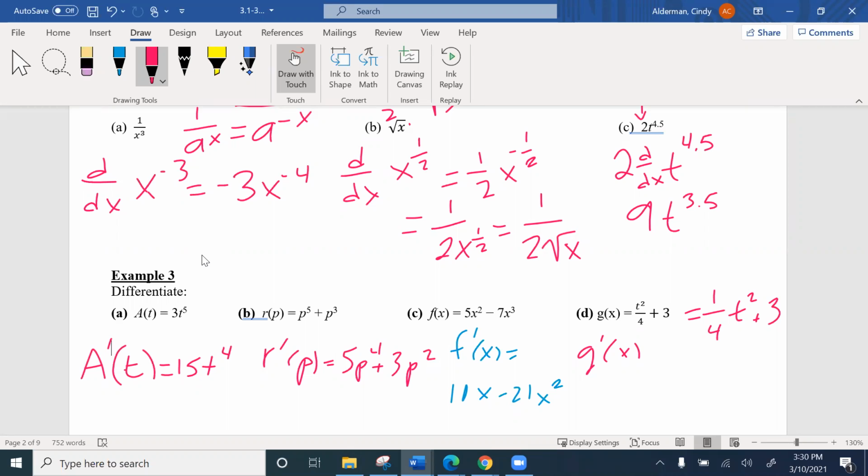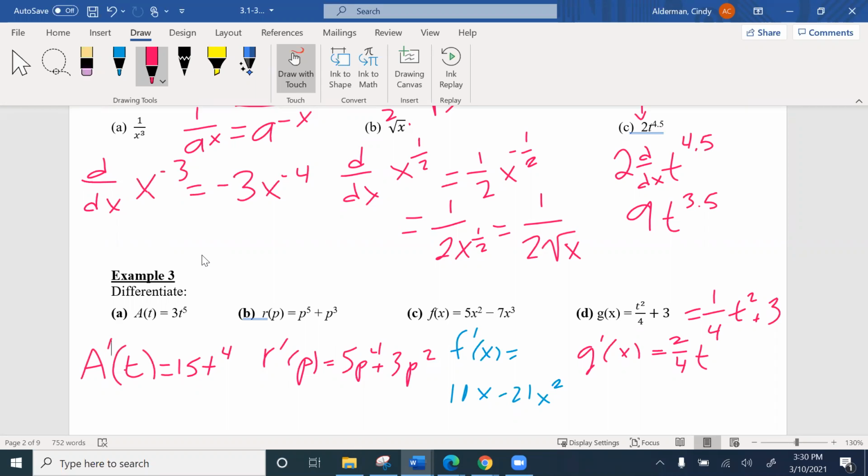So if we differentiate t squared, well, we know that 1/4 is just going to come out in the front, right? So 2 times 1/4 would be 2/4 t to the first. But when we differentiate a constant, what do we get? Remember, think about a constant. It's a horizontal line.